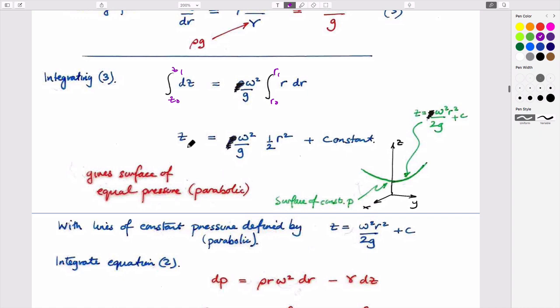And so that now allows us to say something about what the inclination of this free surface is. So long as we know the elevation at some point, and we know what the radius of that is, then we can solve for the constant. If we want to know the elevation at a different point, we just use that constant to be able to solve it.